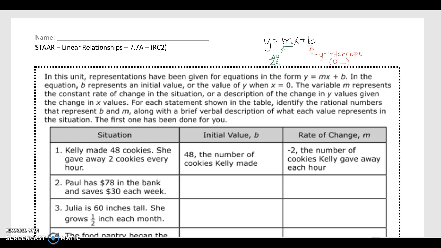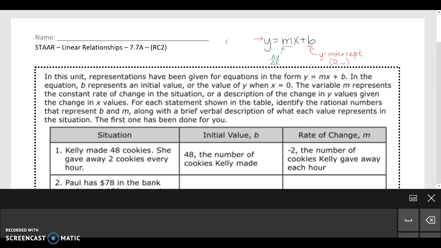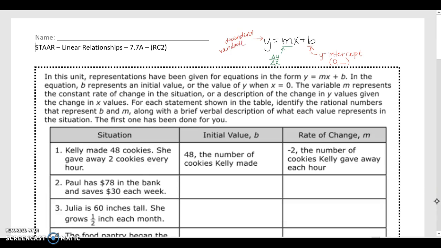And then, of course, y is going to be our dependent variable. So that's usually the total, the cost. Okay. And then we have our independent variable.